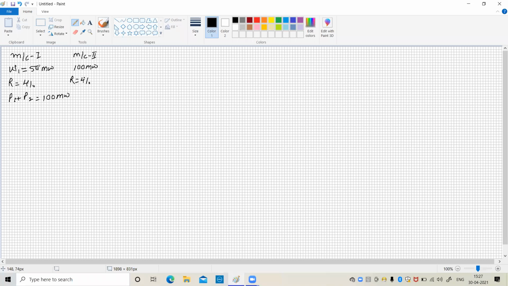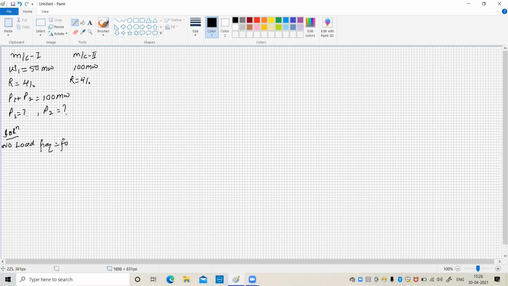Now the question is to find the value of P1 and the value of P2, the load shared by machine 1 and by machine 2. Let the no load frequency be F0.